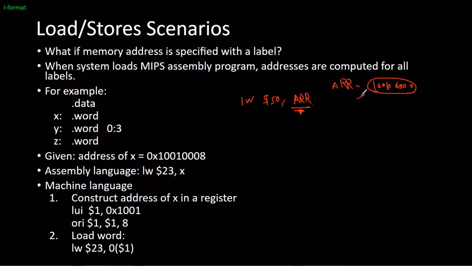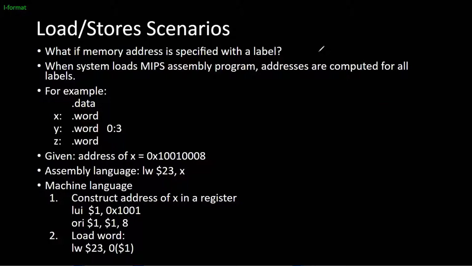But we also saw that in our load word, we have only 16 bits. So how can you replace this? Because this is going to be 32-bit, and load word had only 16-bit. It's an I format.